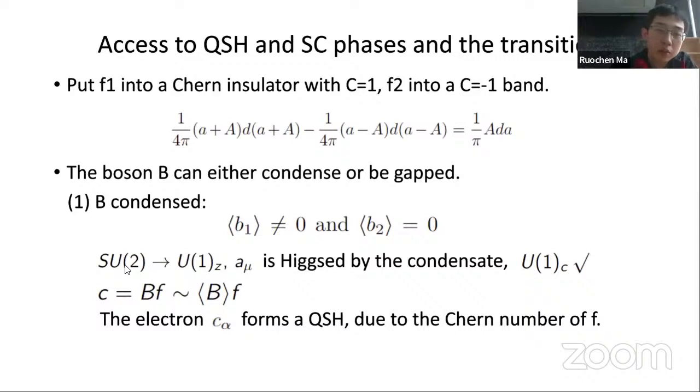So here the SU(2) spin rotation symmetry is broken down to a U(1) subgroup, and we have a condensation, and this condensation is charged under this U(1) dynamical gauge field. So at low energy, the little a gauge field is Higgsed, and we can forget about it.